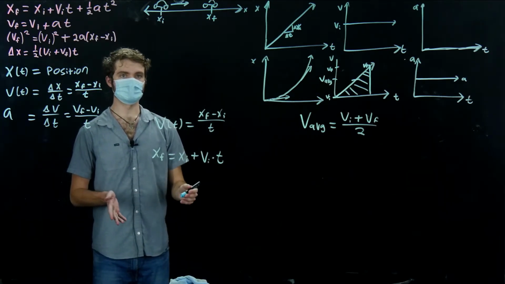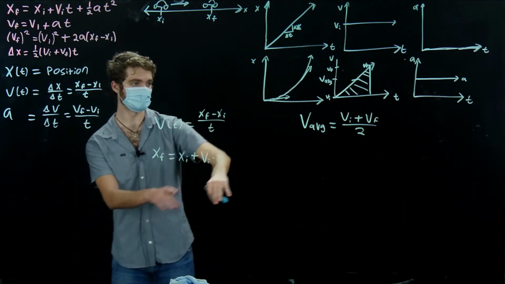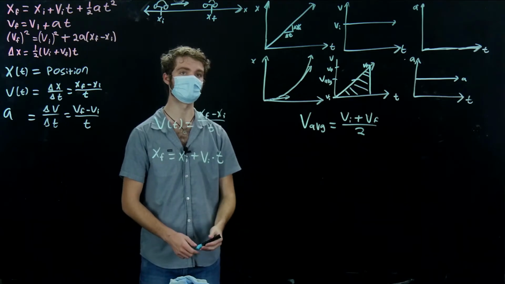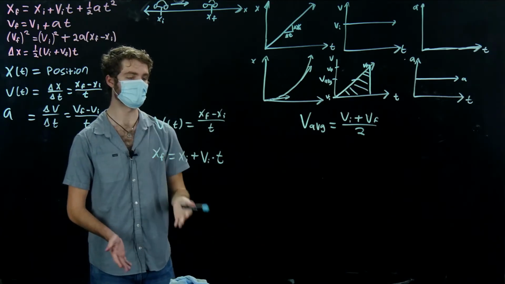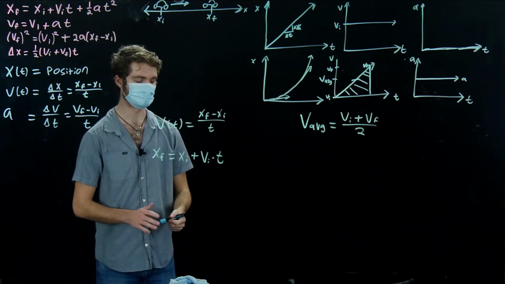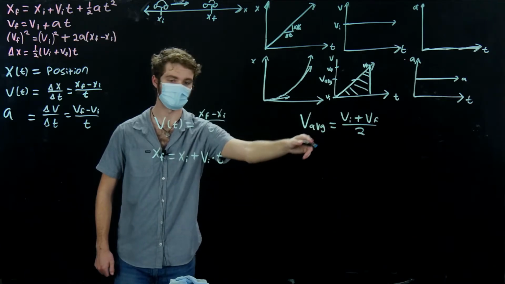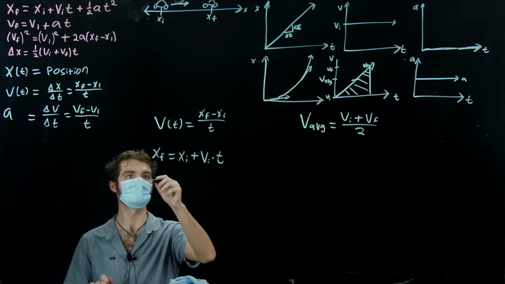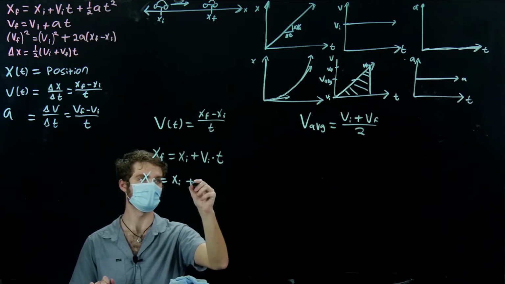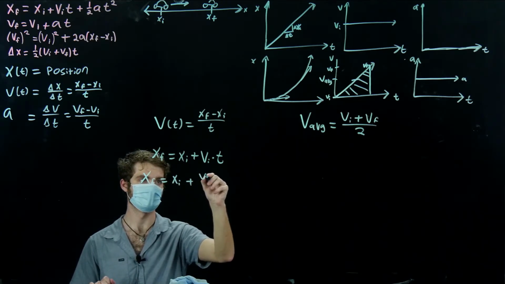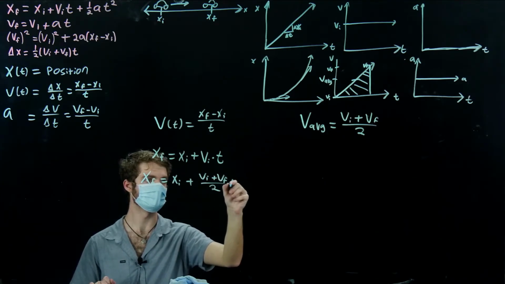Instead of using our assumed constant v initial, we use our linearized value of velocity and plug that in here. So v average equals v initial plus v final over 2. Plug that in here, and we have x final equals x initial plus v initial plus v final over 2 times t.